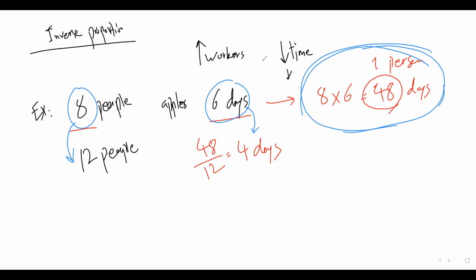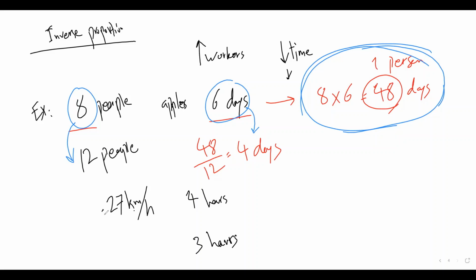Let me give you another example. Let's say the average speed of a cyclist is 27 kilometers per hour for 4 hours. And then at what average speed does the cyclist need to cover the same distance in 3 hours? So same distance, now we reduce the time to 3 hours.